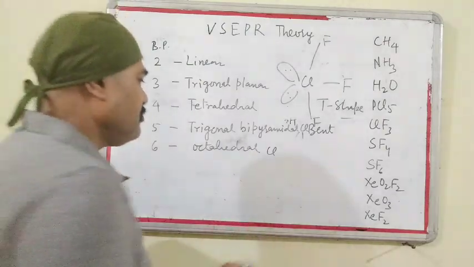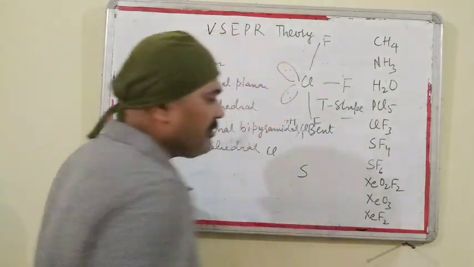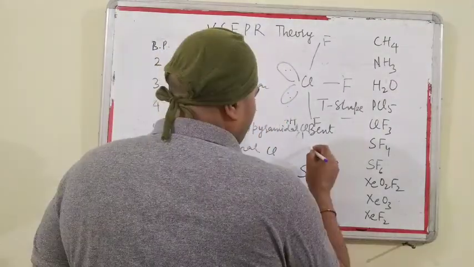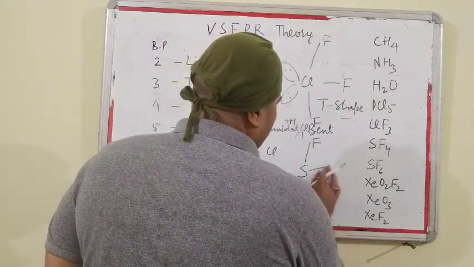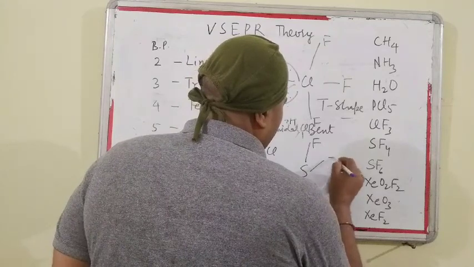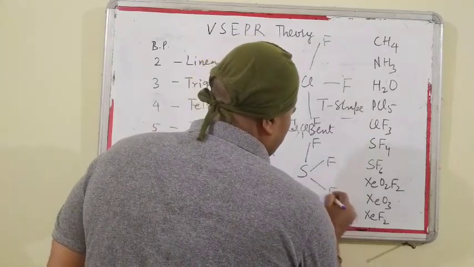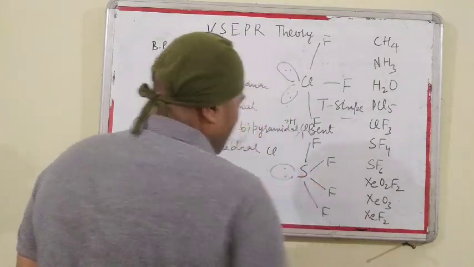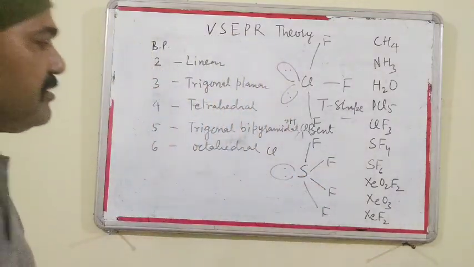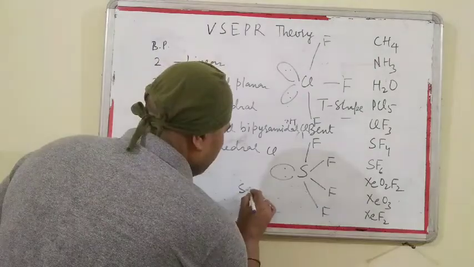To make the least repulsion among the bond pairs and the lone pair, it is found in this shape, and this shape is called the seesaw shape.